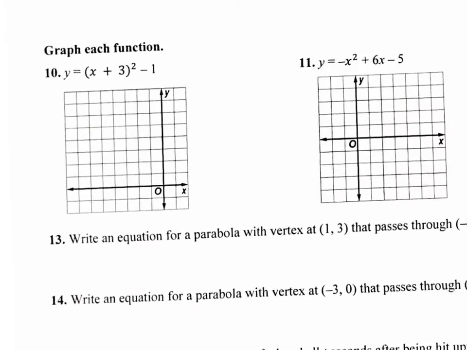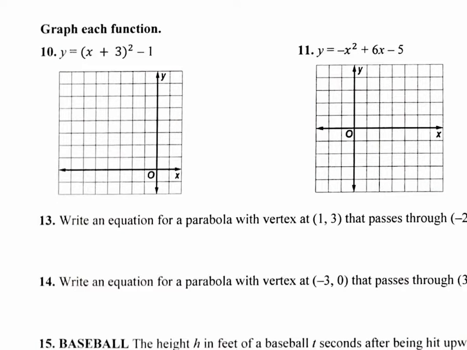But 10 and 11, we should all know how to graph a parabola, whether it's in vertex form or in standard form, right? You could find the vertex using the vertex formula, but if it's already in vertex form, what is your vertex on number 10? Negative 1. That's right. Think opposite on H, which would be a negative 3, and take K for what it is, which is a negative 1, right?